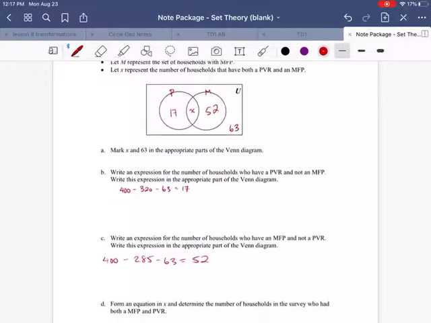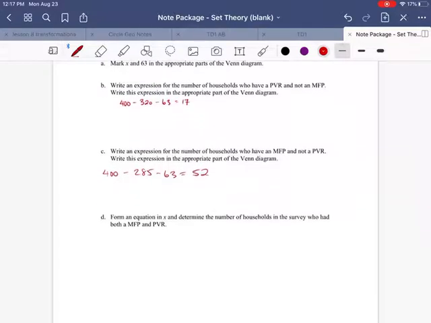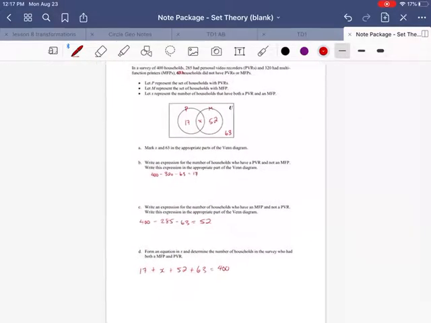Okie dokie. Now our final step is to figure out who's in the intersection here. So we've got 17 plus x, which is the intersection, plus 52 plus 63, which has to equal 400, our total.